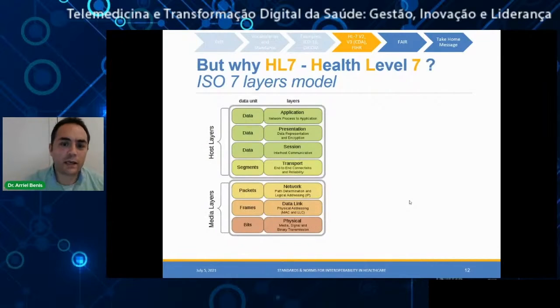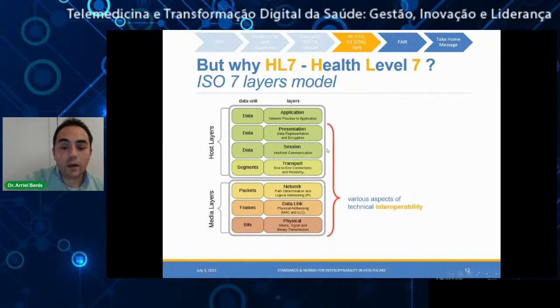So when we are looking at HL7, it's important to understand that Health Level 7 relates to the ISO 7 layers model, meaning also the communication over the internet from the physical components of a network to the application, and considering data transportation and more.